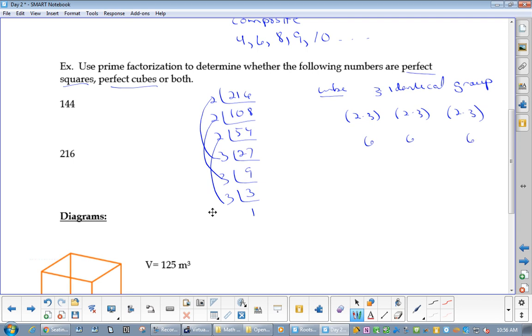Now for a square, I need to make 2 identical groups. Now can I do that? Give me the 2 identical groups. I can't.